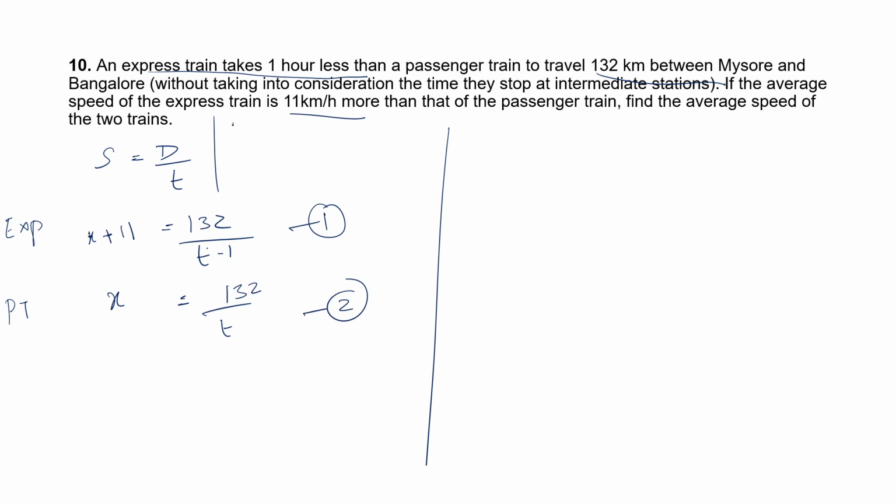Let us write here. For every sum you have to write this. I have not written it, but you understand and write this. Let the speed of the passenger train be x. So the express train speed will be, as given, 11 kilometer per hour more than the passenger train, so this will become x plus 11. Okay.